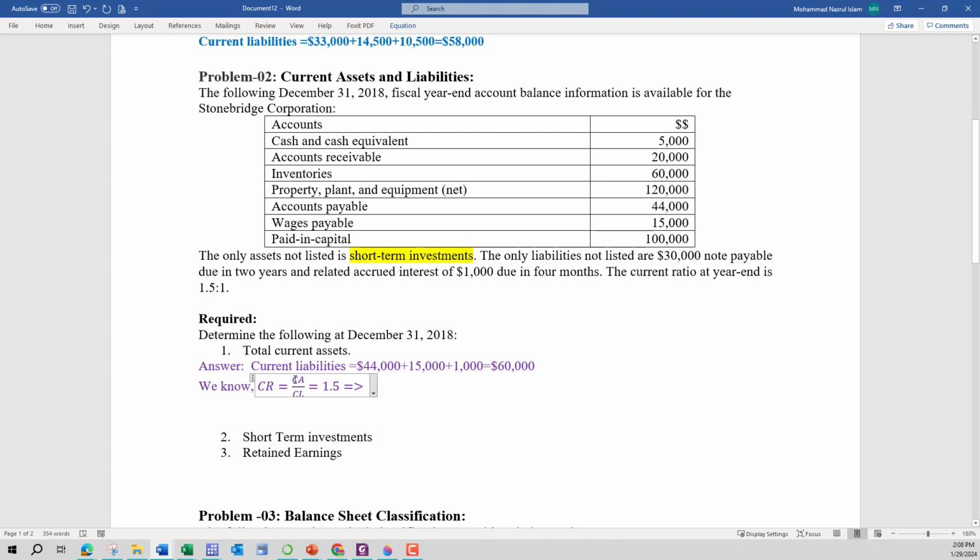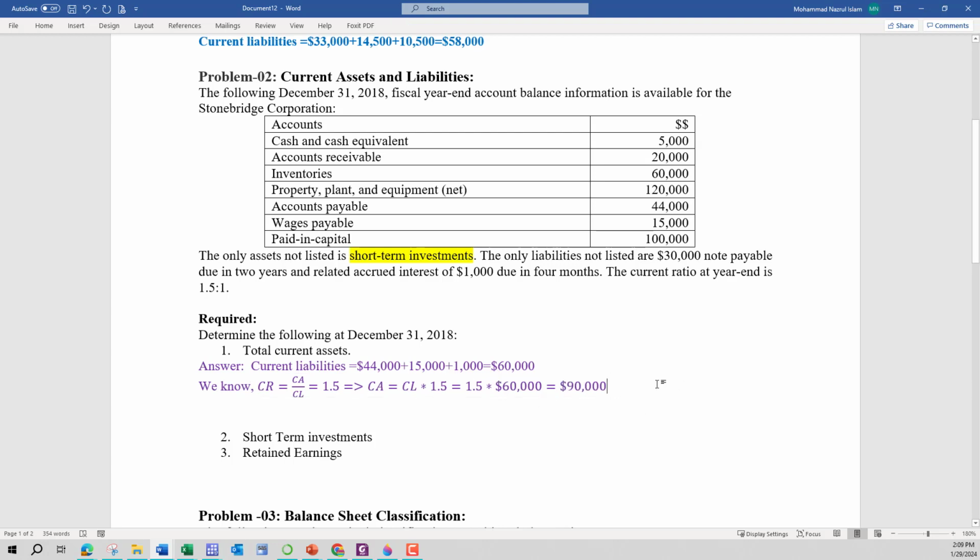So 1 multiplied by current asset and 1.5 multiplied by current liability. So current asset is current liability multiplied by 1.5, which is 1.5 multiplied by 60,000, which is equal to 90,000.